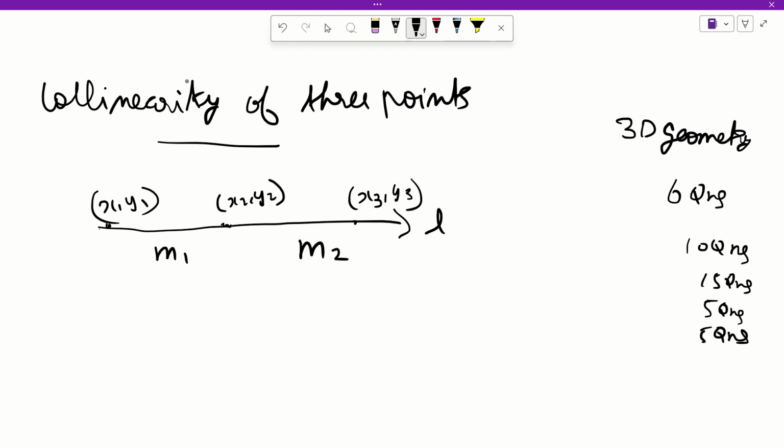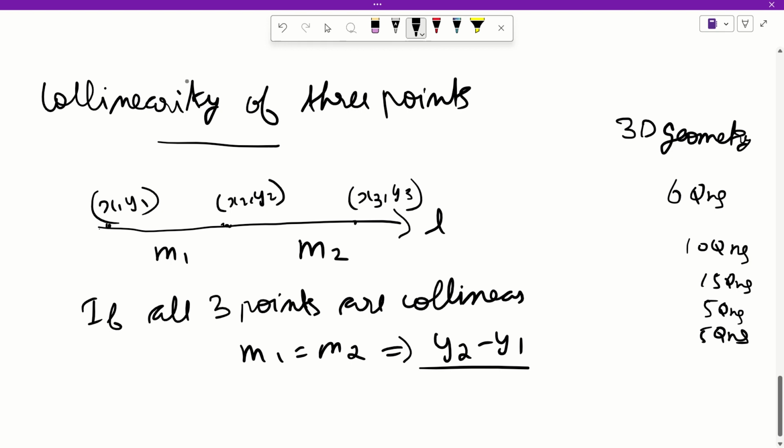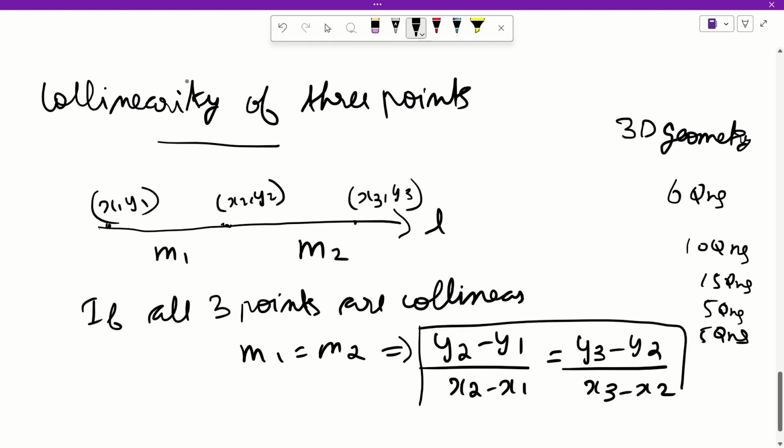If all 3 points are collinear, then m1 equals m2, which implies (y2 minus y1) by (x2 minus x1) equals (y3 minus y2) by (x3 minus x2). Very important. Many students ignore this part because it's tough, but it's very easy. Just know the formulas.